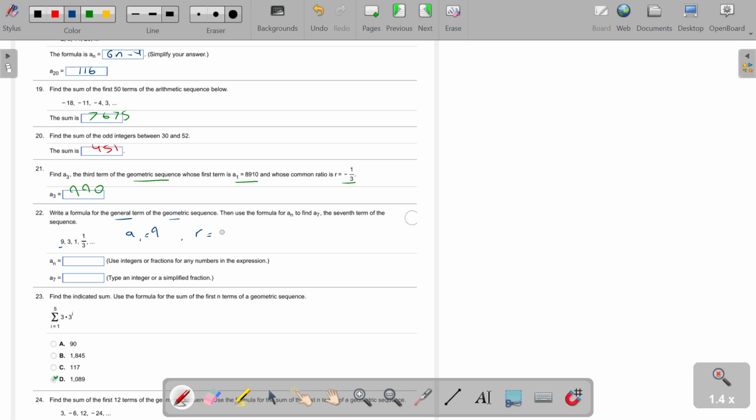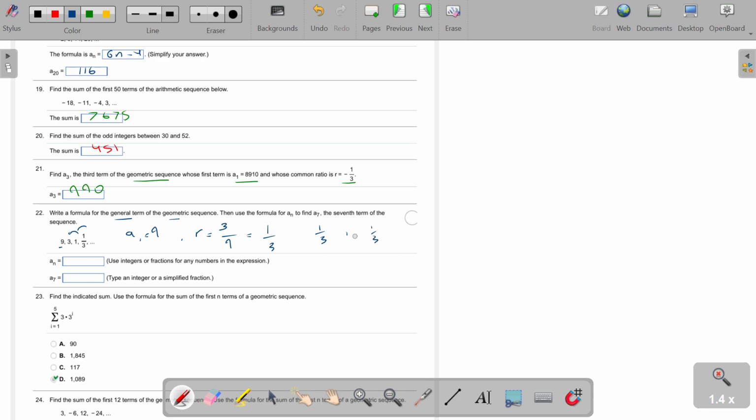To find r, you're going to divide each term by the previous one, like 3 divided by 9, which if you simplify, is going to be equal to 1/3. You can try for other ones as well. You can divide 1 by 3, which is just 1 divided by 3. And you can divide 1/3 by 1. That is also 1/3. So I know that the r value is 1/3.